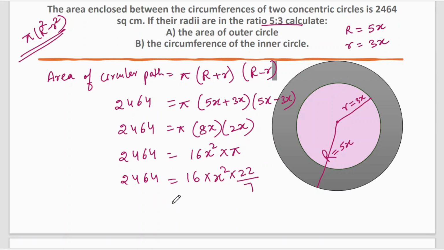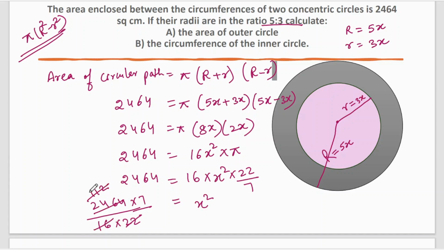Now just calculate this, cancel out if there is possibility. So we can write this as x square equal to 2464 into 7 divided by 16 into 22. See, you can cancel this by 11 and it will go 112 times.